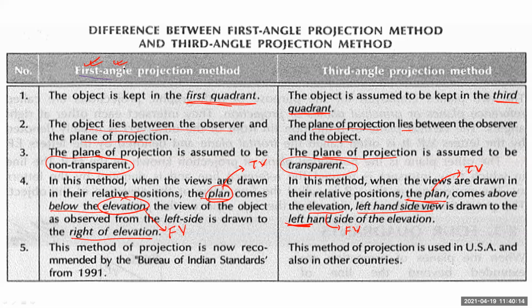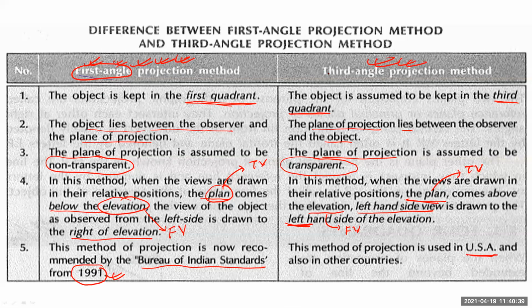Now finally, first angle projection method is recommended by our Bureau of Indian Standards in 1991. So since then, 1991, we are following this first angle projection method. Whereas in countries like USA or Japan, they are using this third angle projection method.